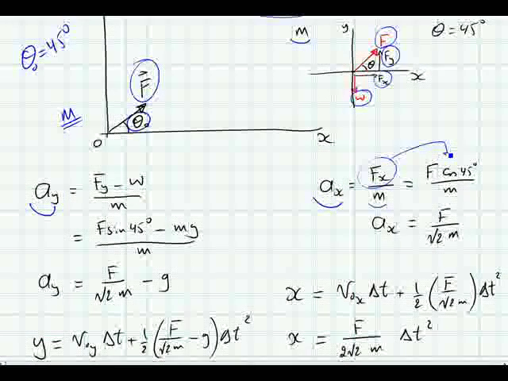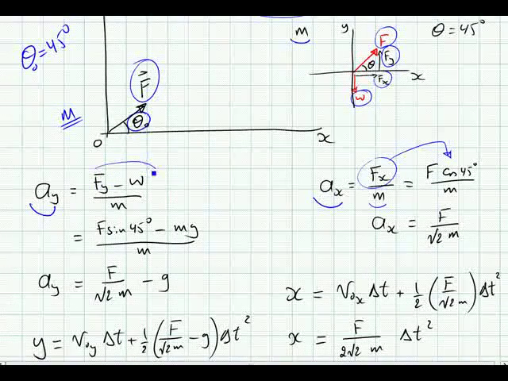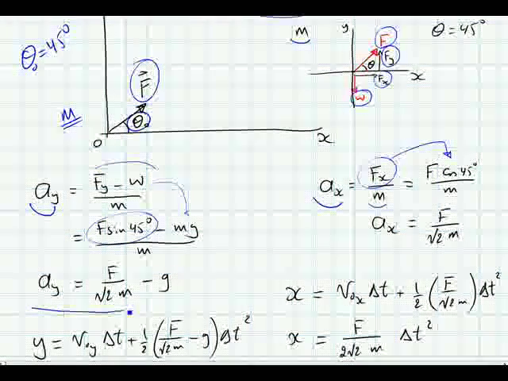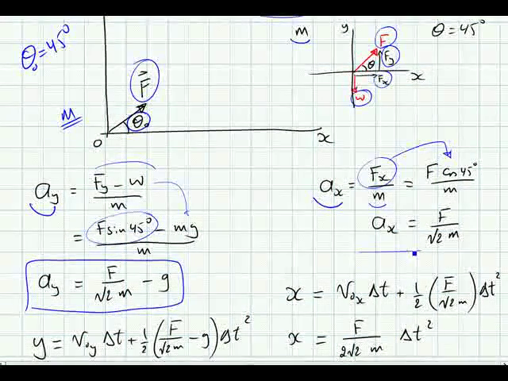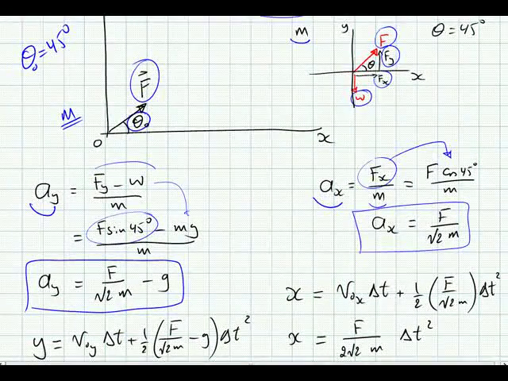Similarly, ay is the sum of the forces along the y-axis, which is Fy minus W, and Fy is F sine 45 degrees, W is mg, so ay takes this form. So that's our acceleration along the y-axis, and this expression here is the acceleration along the x-axis.